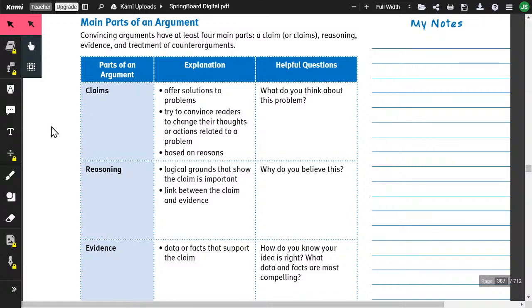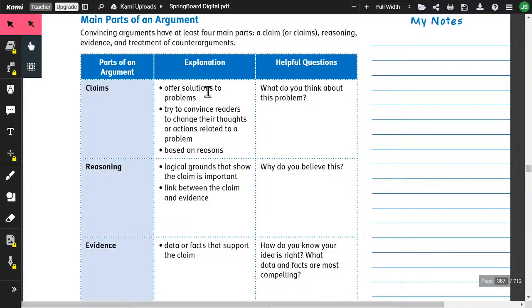So the first part of an argument, claims. So offering solutions to problems, trying to convince readers to change their thoughts or actions related to a problem, and it's based on reasons. So in order to establish the claim, or in this case, to go and find the claim, what do they think about this problem? Now, we talked about Ben Sasse. What did he think about the problem?